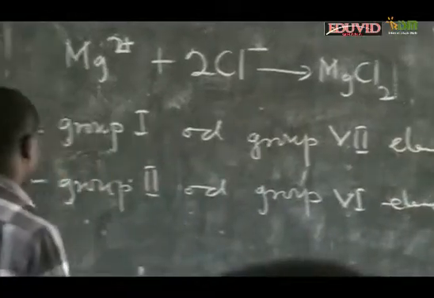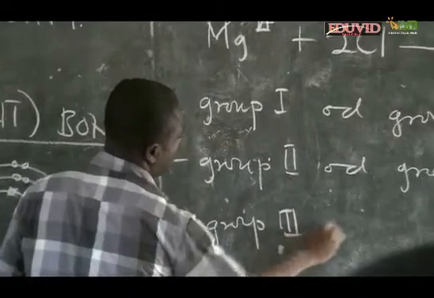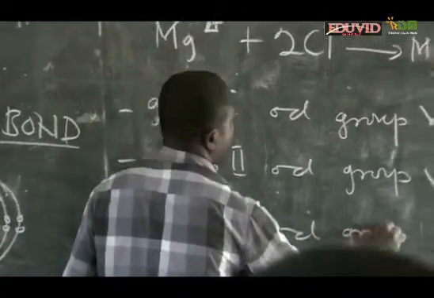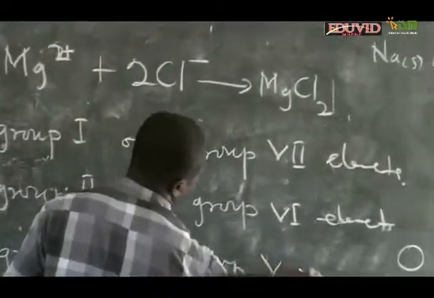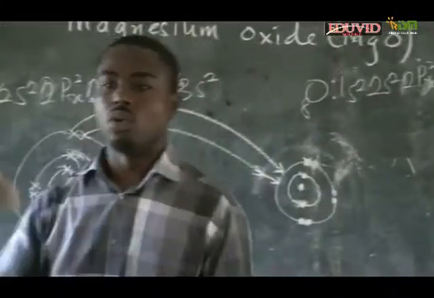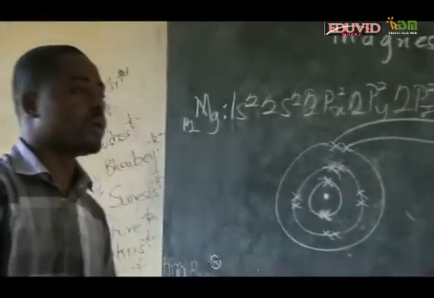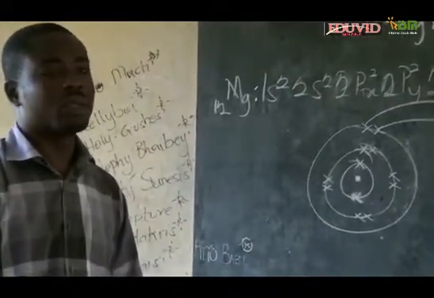And then it can also be between group 3 and group 5 elements. What you have to take note of is that it must be between a species with low IE and a species with high electron affinity. Okay. Any question?